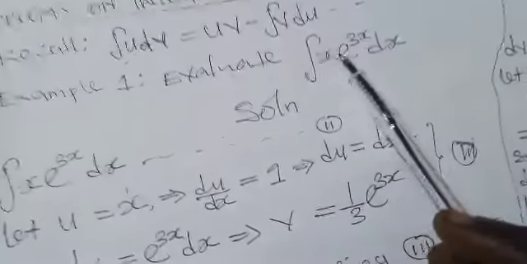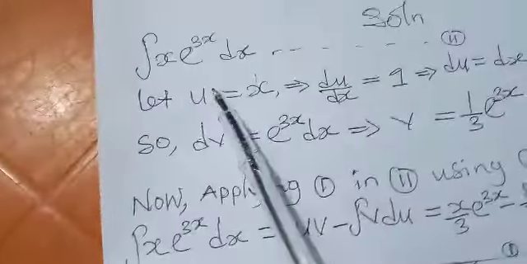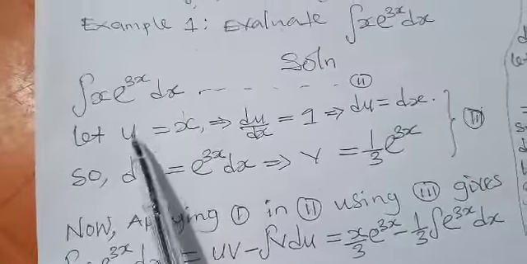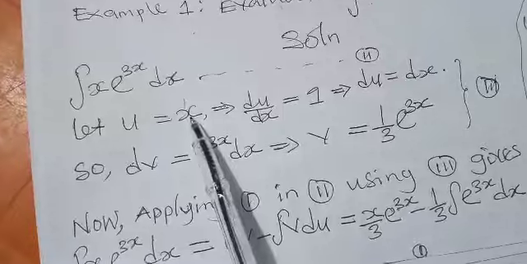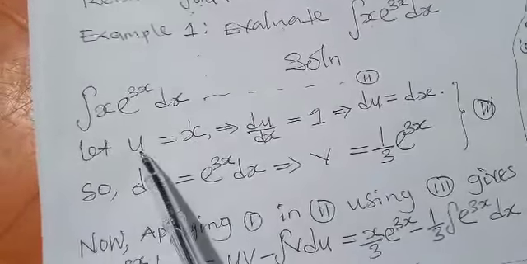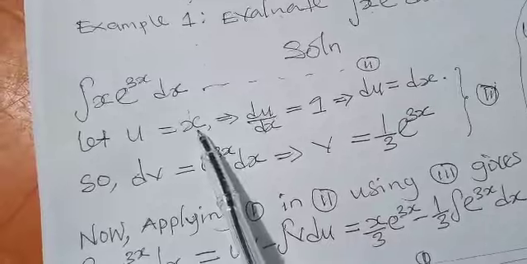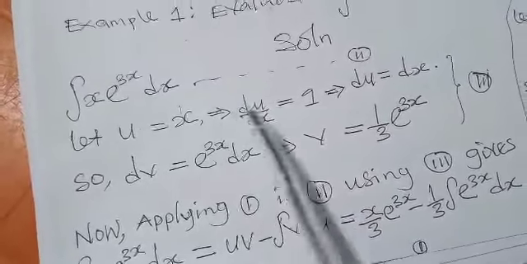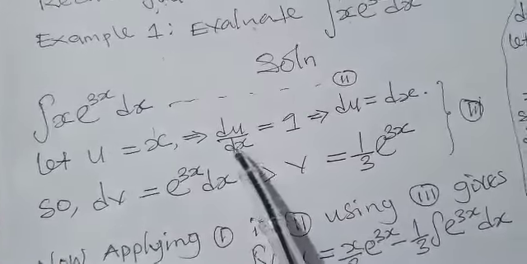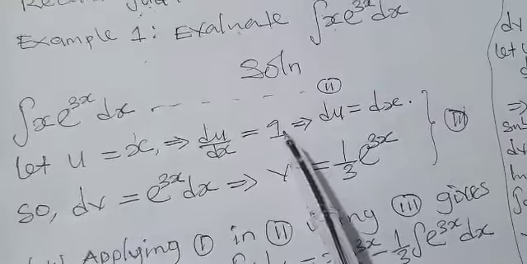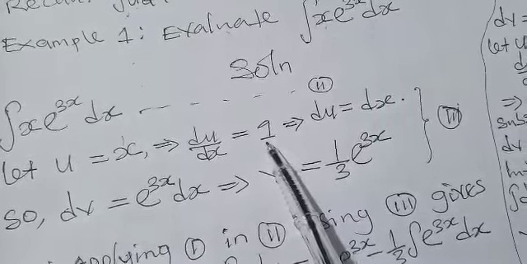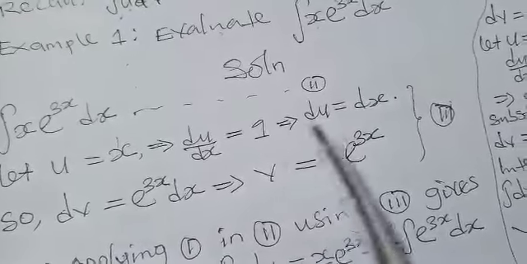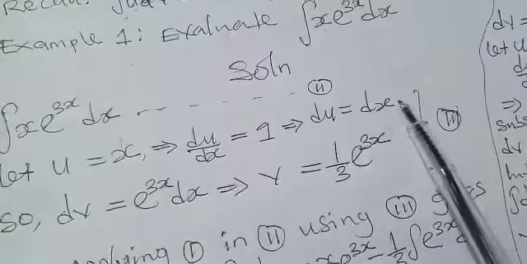So coming back to the problem we are looking at now, let u equal to x, the first part of the function. And of course, if u equal to x, differentiating, du over dx equal to 1. Cross multiplying, we have du equal to dx.